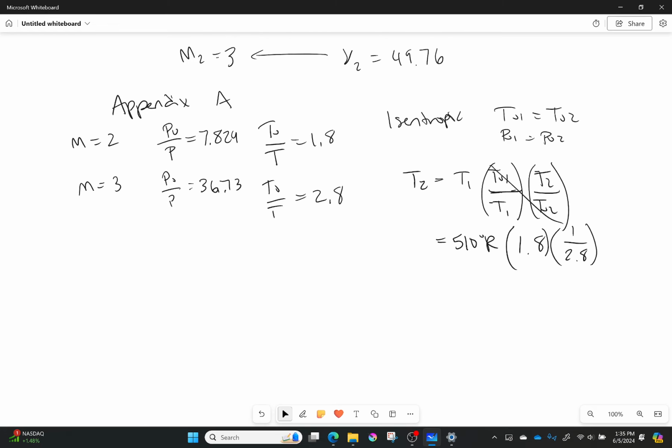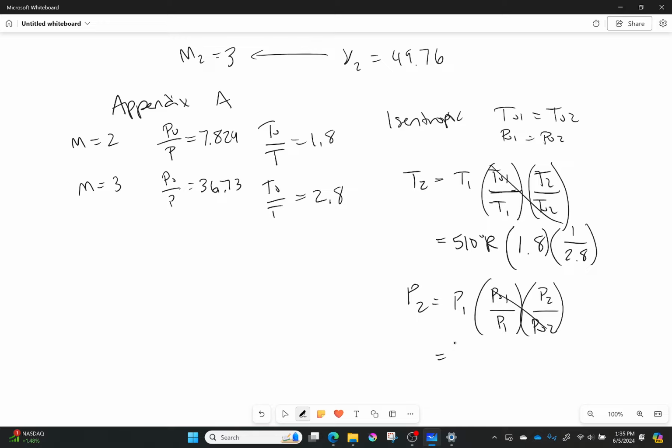In order to save time, I'm going to wait before I plug everything in. I'll get that P2 is equal to P1, P01 over P1 times P2 over P02. Those two cancel, so that should work out fine.